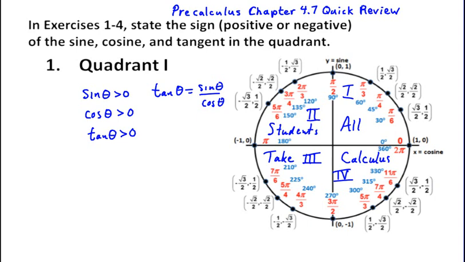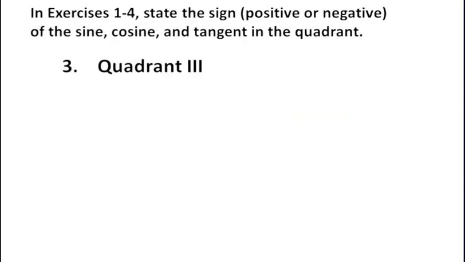So let's look at number 3. In quadrant 3, sine theta is less than 0, cosine theta is less than 0, and tangent theta is positive.